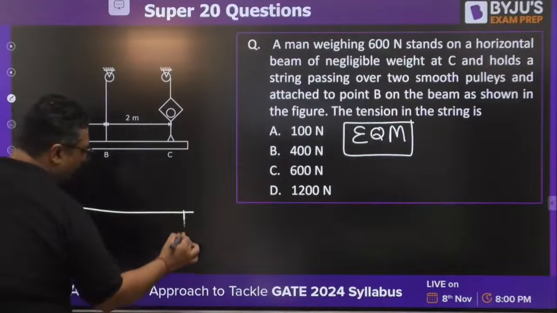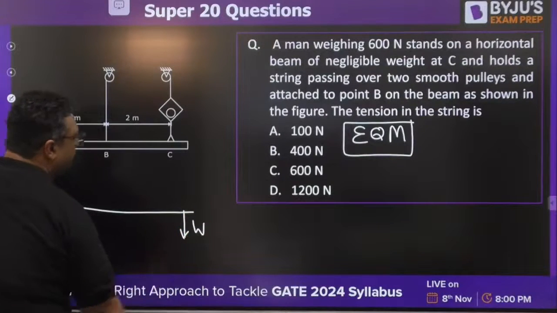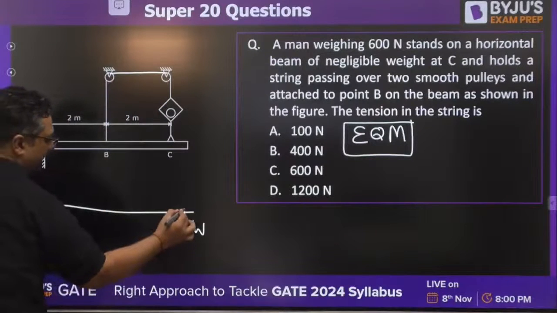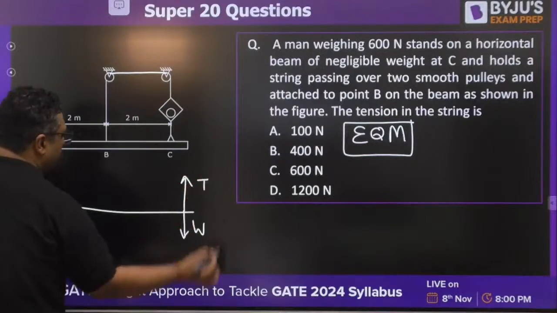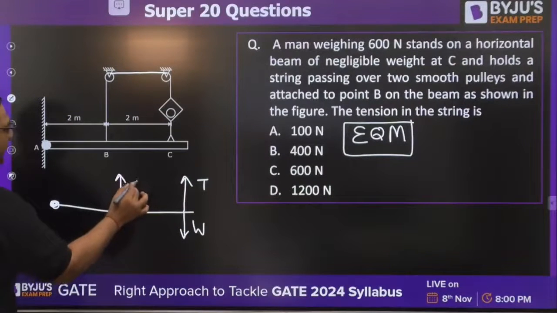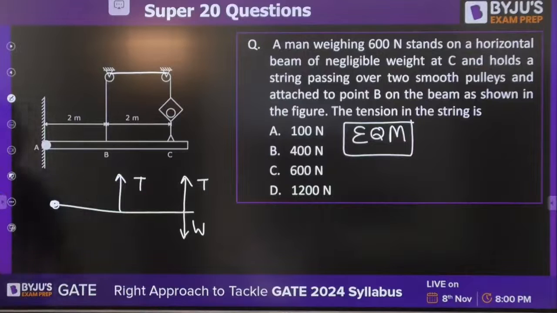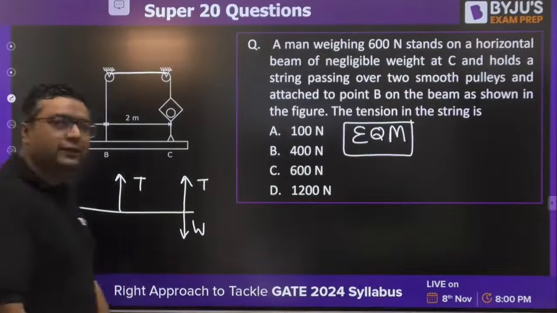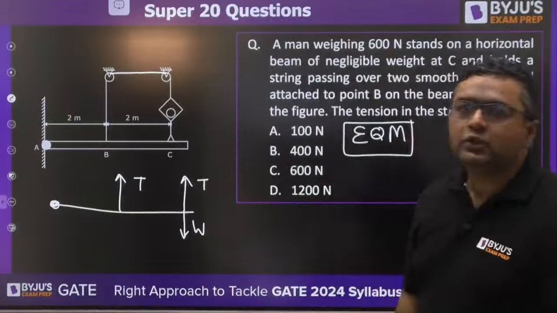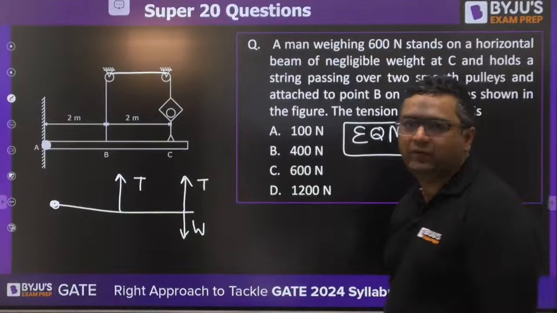So here the weight of the person will be acting, and this string is like this, and tension in the string will also act here, and you need to find out the tension in the string only. So this is the equilibrium free body diagram for that. Vineet has given the answer to be 400.